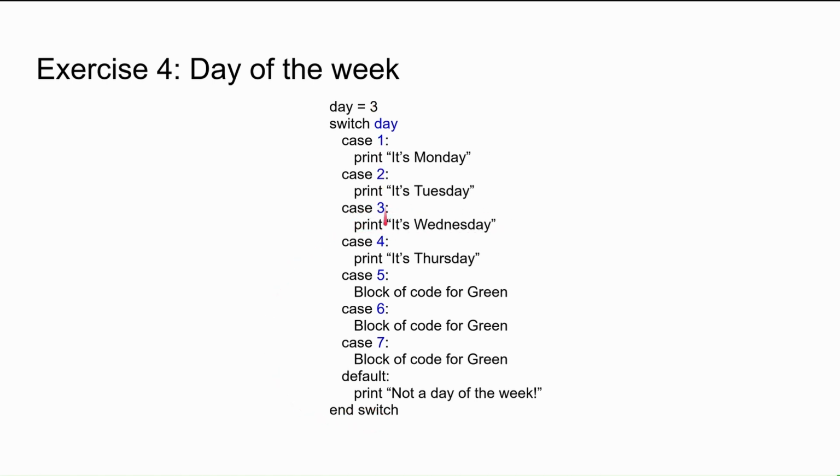However, if none of these cases is equal to the variable, then it would go to the default and print not a day of the week. So imagine if day was 9 or 10, it will go through all this, check all of this, realize that it's actually none of this, go to the default and print not a day of the week.